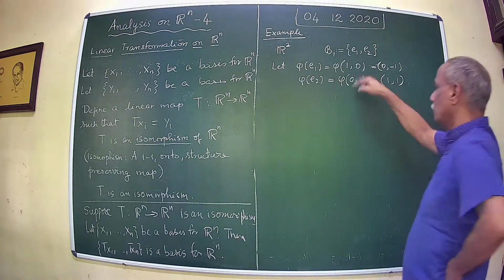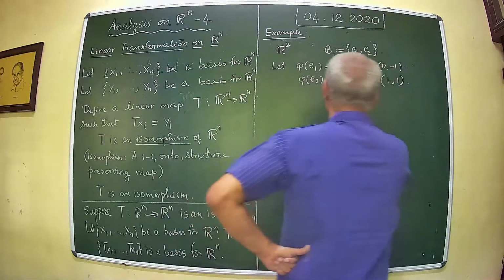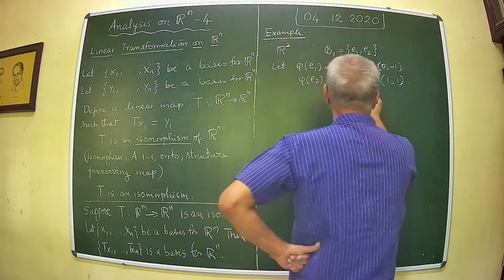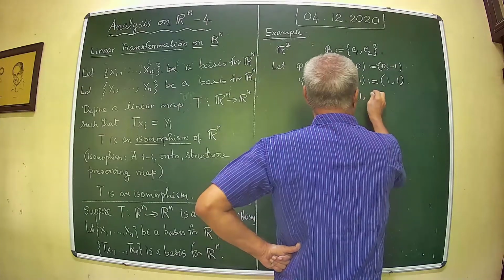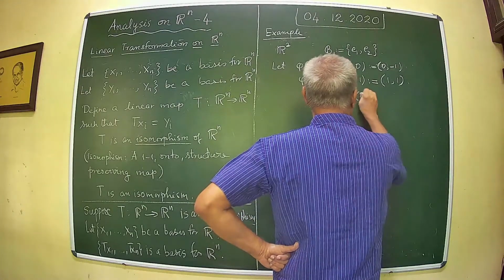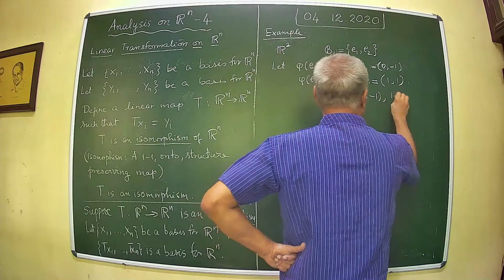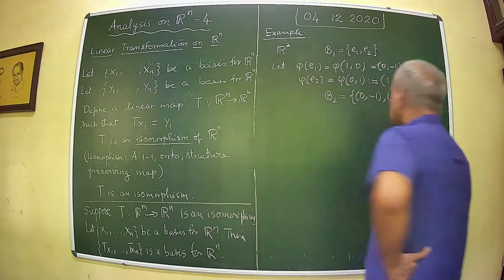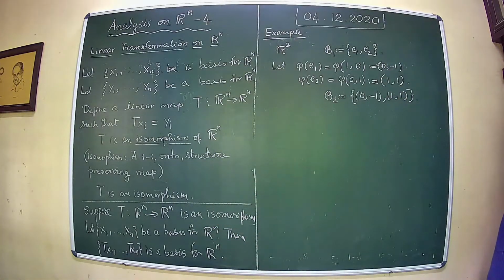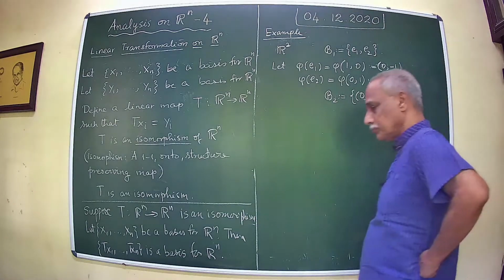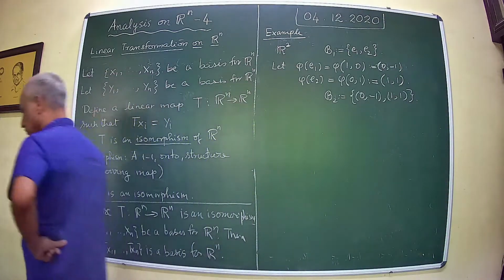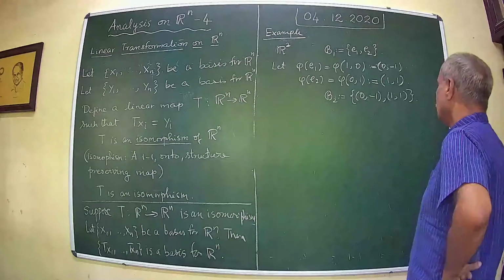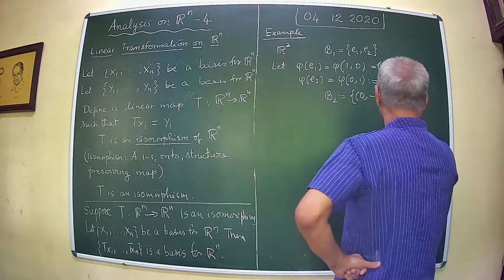Now this is your x1, B1 is this, therefore B2 is now the basis (0, -1), (1, 0). This is the image. So phi of B1 is B2. So B2 is essentially this one.